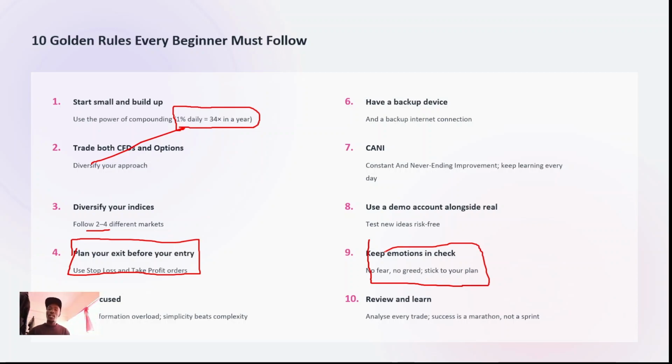Number 10, and the final one, always review and learn. Analyze every trade. Success is a marathon, by the way, it's not a sprint. Once you finish trading, if it's a loss, if it's a win, always make sure you analyze it.